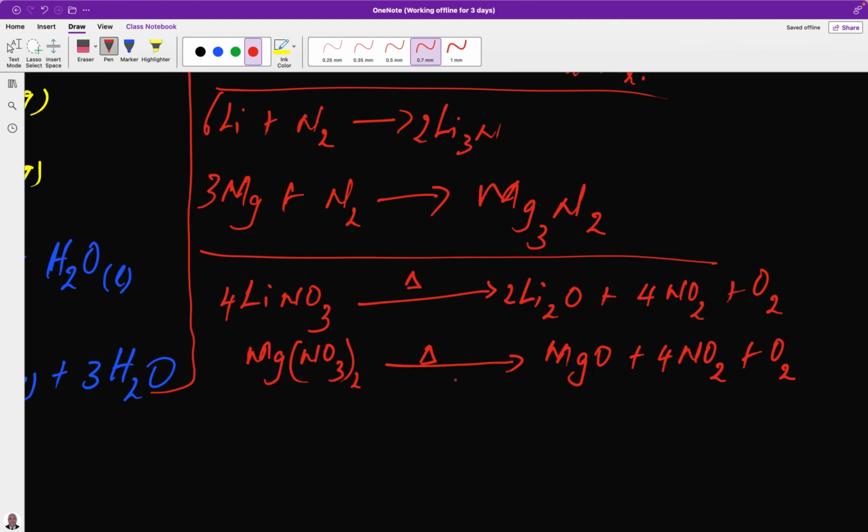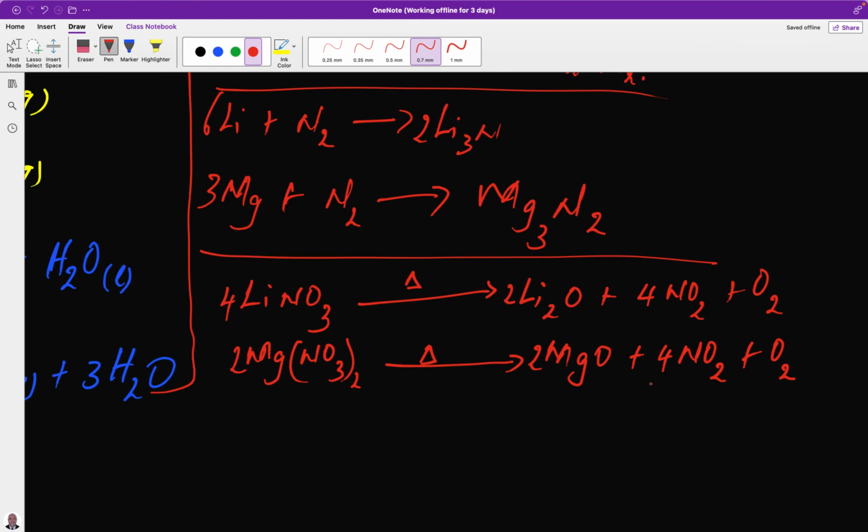If I put a 2 there, oxygen will be 6, 12. Put a 2 here, then it will be 2 times this. 8 plus 2 is 10, plus 2. That's good. Magnesium is 2. Nitrogen here is 2, 2 times is 4. Okay.